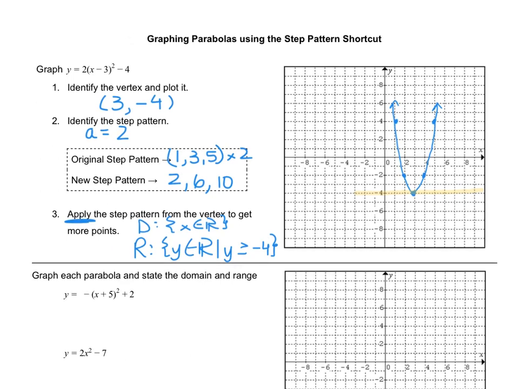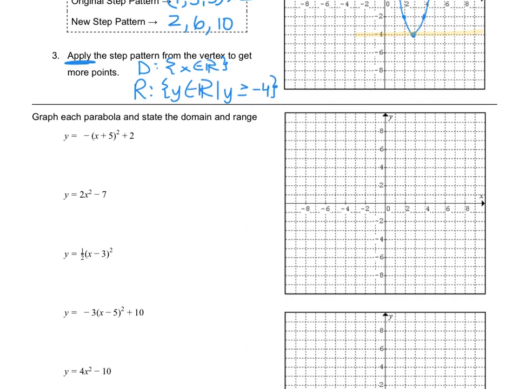All right, let's try some more examples. So for y equals negative (x plus 5) squared plus 2, the vertex should be at negative 5, comma 2. So I'm going to go ahead and plot that point. Now here, I recommend you do some color coding or some labeling because we are going to have 3 parabolas per grid.